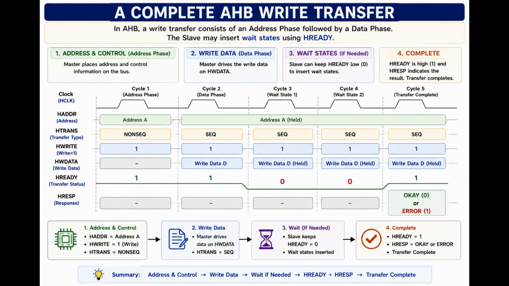If it needs more time, it will keep HREADY low and insert a wait state. Once the transfer is ready to complete, HREADY is high and HRESP indicates whether the transfer completed successfully or resulted in an error. So the overall flow is address and control, then write data, then wait if needed, then HREADY plus HRESP, and finally the transfer completes.